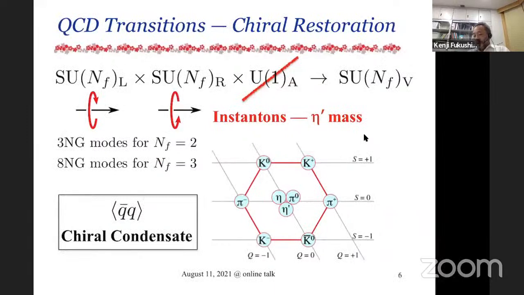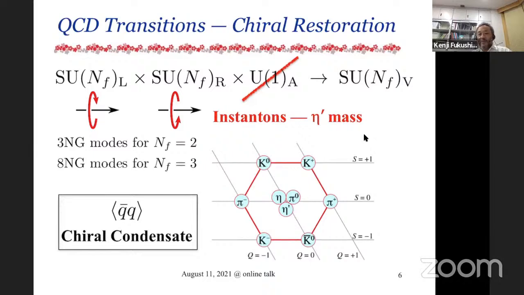Of course, this phase transition can be characterized by symmetry, because the mass is related to the chiral symmetry of QCD. That is, if the mass is 0, the left-handed quarks and right-handed quarks are completely decoupled. The left-handed quarks have spin and momentum anti-parallel to each other, but the right-handed quarks have parallel spin and momentum, and they do not talk to each other if the mass term is 0.